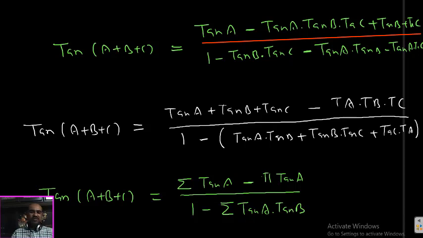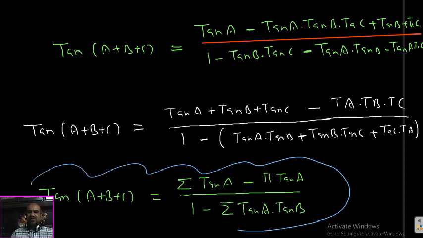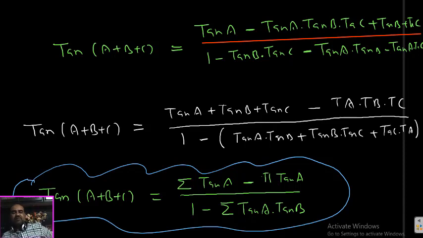You should remember it like this. The formula should be remembered like this: tan of A plus B plus C equals sigma tan A minus pi tan A by 1 minus sigma tan A into tan B, with the condition.